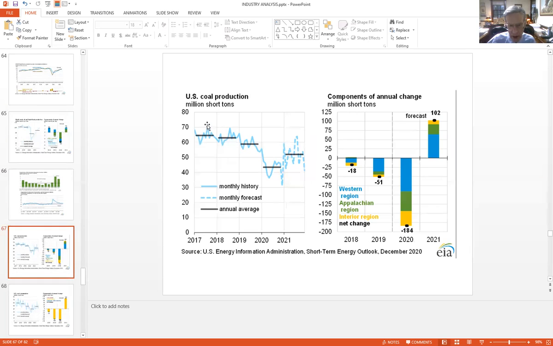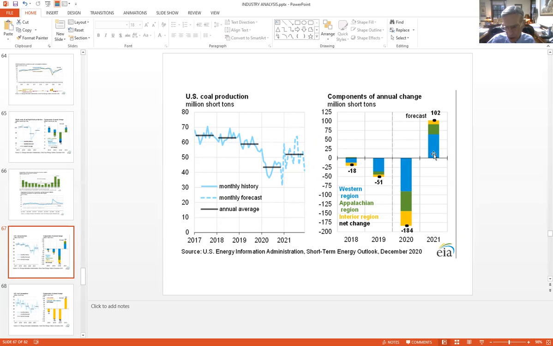Here, on the other hand, is the production of coal. And no surprise, coal is considered to be a dirty fuel, and its production has really dropped. However, it's expected to pick up again. This is just in the United States.